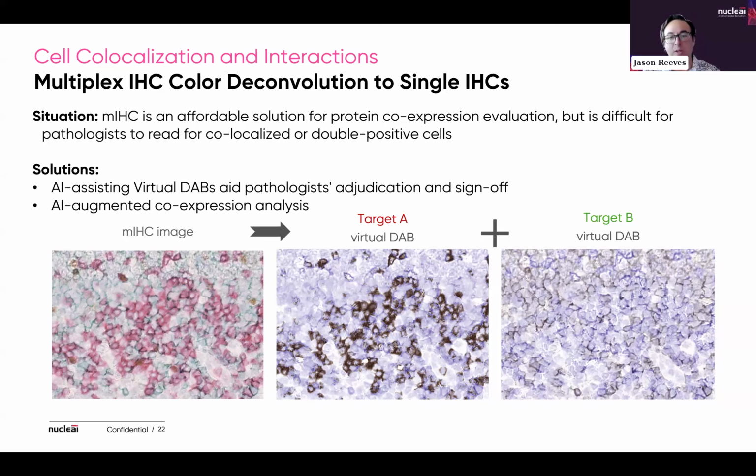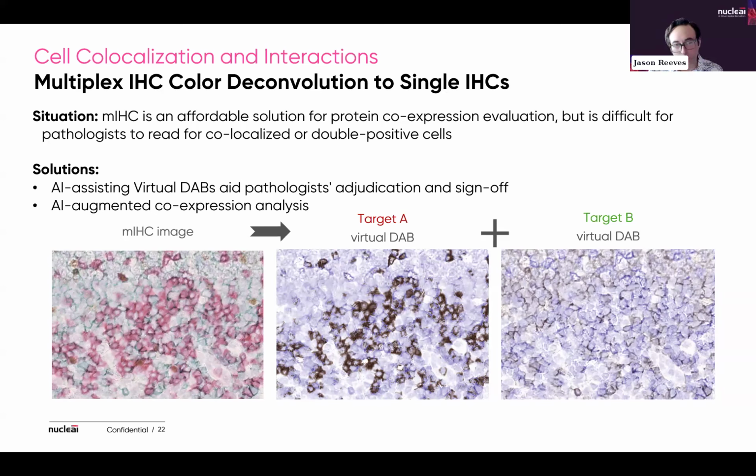Are they both cytoplasmic, is one cytoplasmic and one nuclear, or is one part of the cytosol? So it really depends on the specifics of the assay as to how much you might need assistance to better quantify and understand the expression of these two targets.